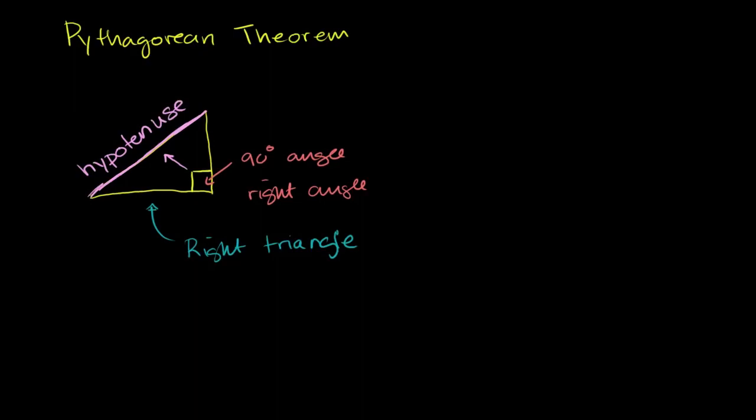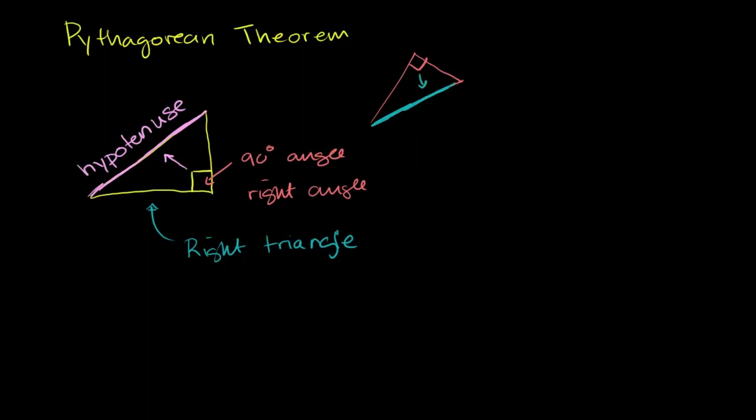And just so we always are good at identifying the hypotenuse, let me draw a couple more right triangles. So let's say I have a triangle that looks like that, and I were to tell you that this angle right here is 90 degrees. In this situation, this is the hypotenuse because it is opposite the 90 degree angle.